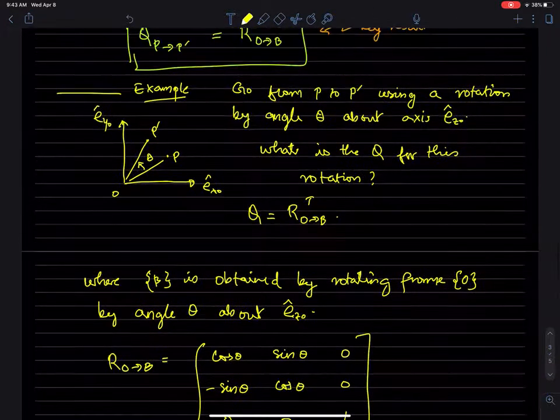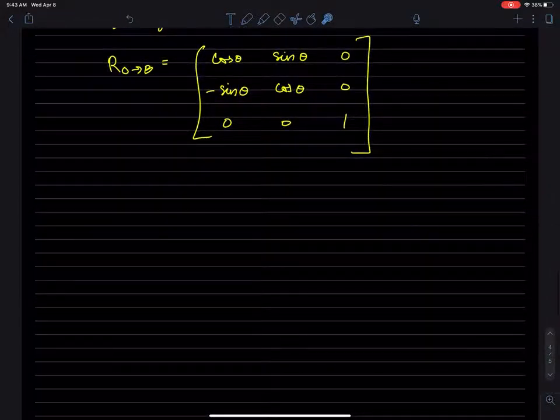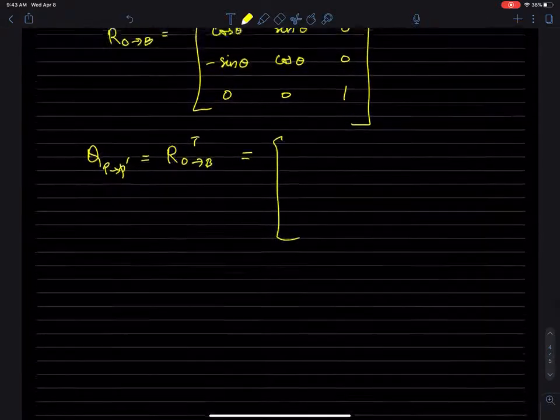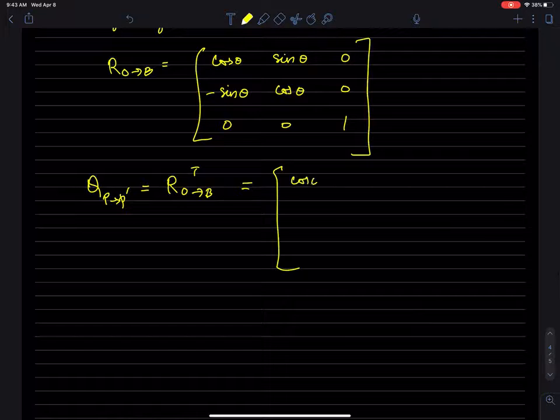So this rotation of objects by an angle theta about the EZ direction is actually that Q that takes P to P dash. It is actually R0 to B transpose. So this is very important. This is actually cosine theta, minus sine theta, 0; sine theta, cosine theta, 0; 0, 0, 1.